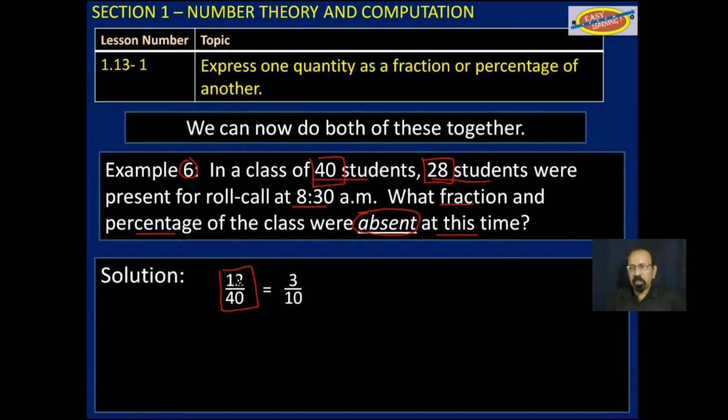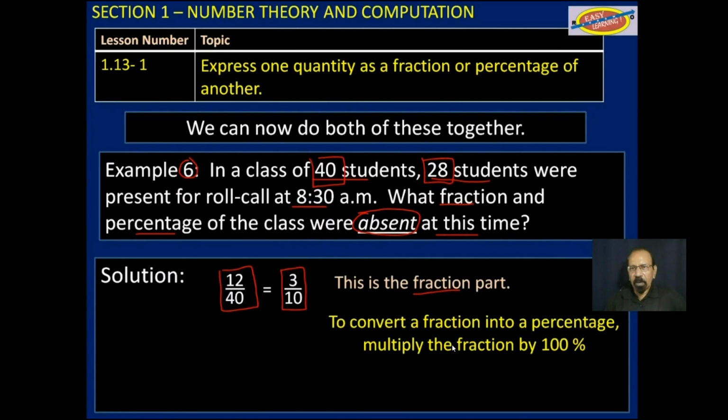We can reduce that and we get 3/10. That is the fraction part. Percentage part, we will convert that fraction to a percent by multiplying by 100. And so we get 30%. So our answer is 3/10 and 30%.